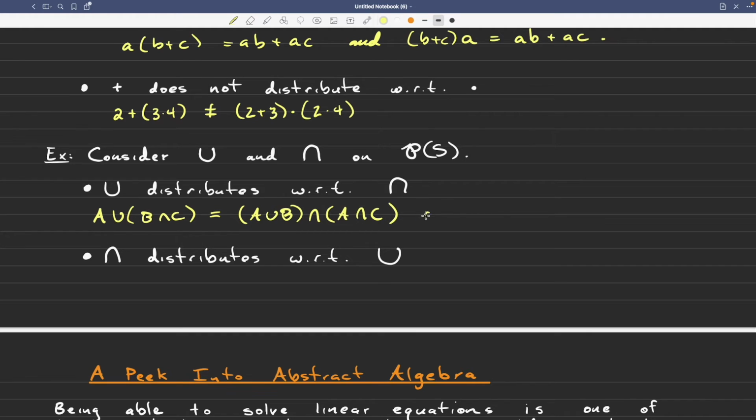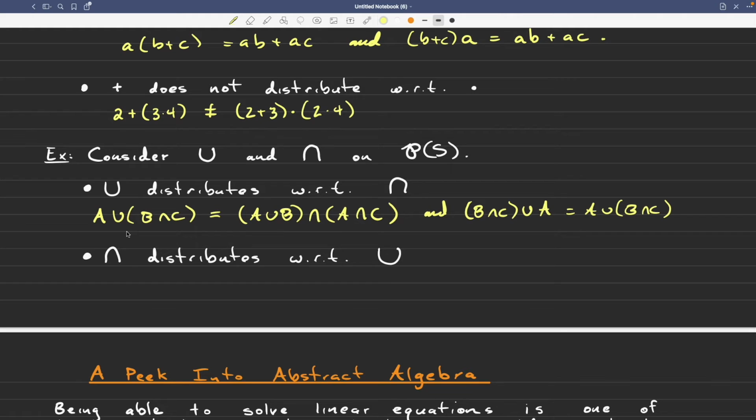If I write B intersect C this way and then union A that way, I already know that this is equal to A union B intersect C, so there's no need to check the distribution on the right. Just distribution on the left is good enough when that middle operation is commutative.